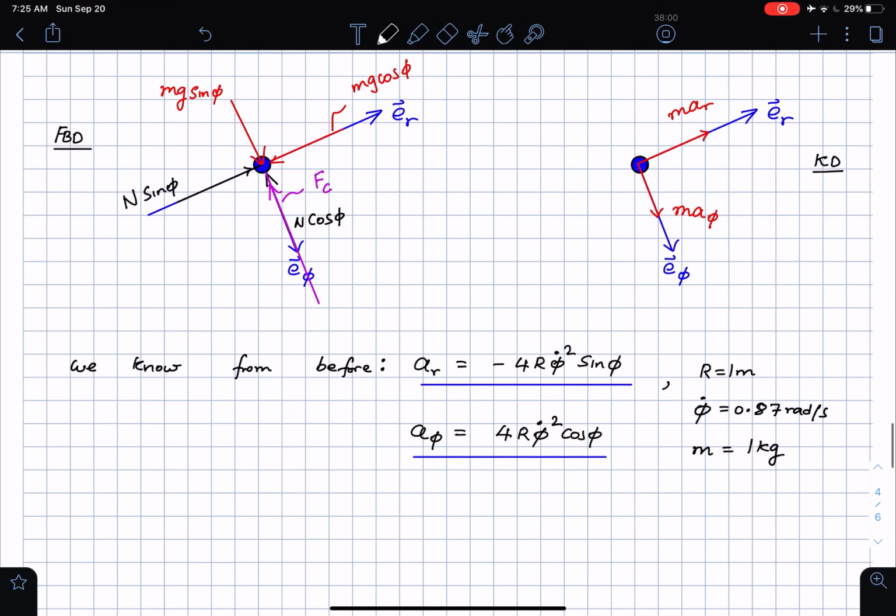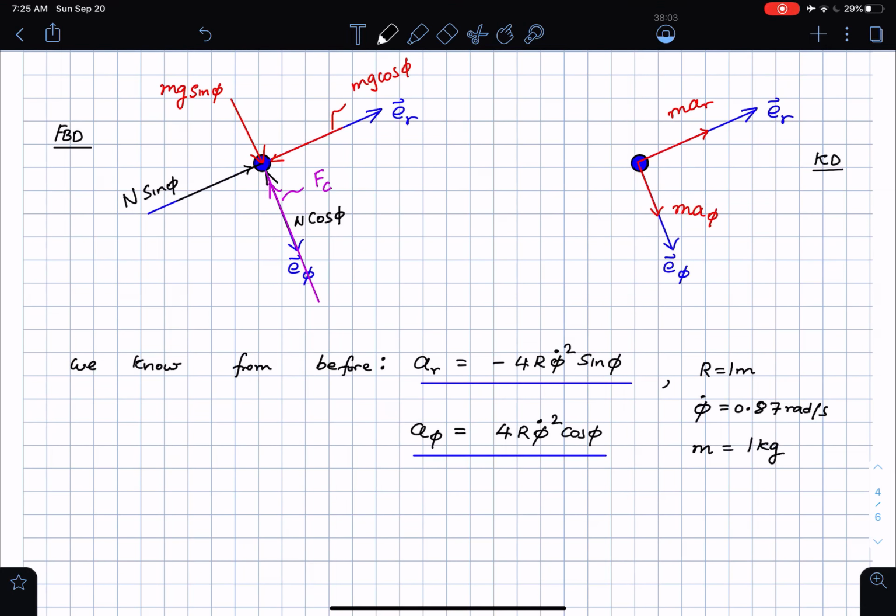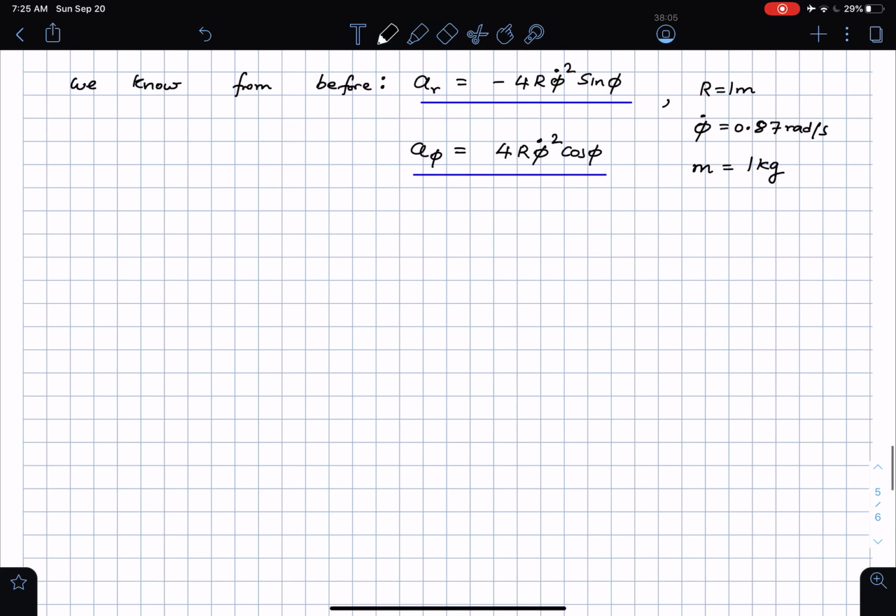Okay, all I'm going to do now is sum up forces in the ER and the E phi directions. So let's do that. Sum of all the forces, so force balance. Sum of all the forces in the radial direction on the free body diagram, where this was the positive radial direction, is equal to the sum of all the forces in the radial direction on the kinetic diagram.